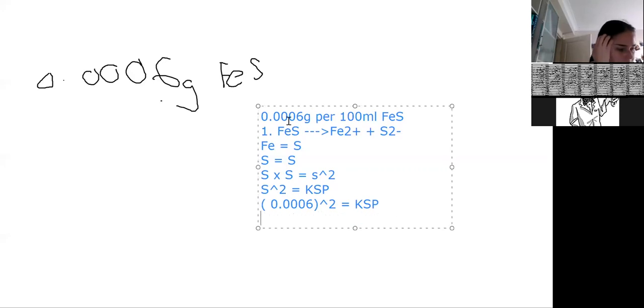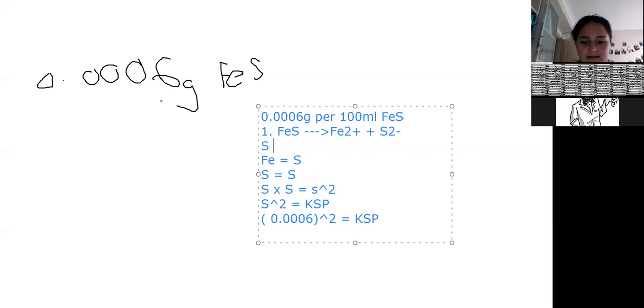Make sense? And then we have to square root it, don't we? No, you only square root if you want to find S. We already have S. Oh right. So you can just square that. So S is equal to 0.0006.